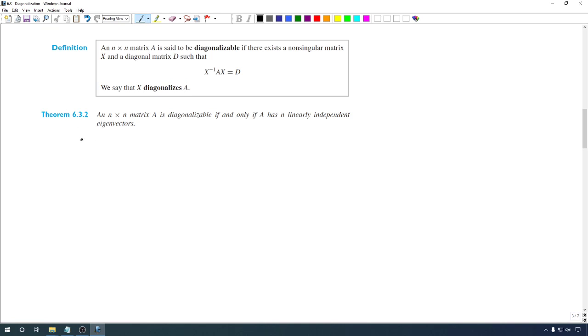So let's assume here A has eigenvalues lambda 1 through lambda n. Here I'm not actually assuming that these are necessarily different, but we are going to say we have eigenvectors x1 through xn.